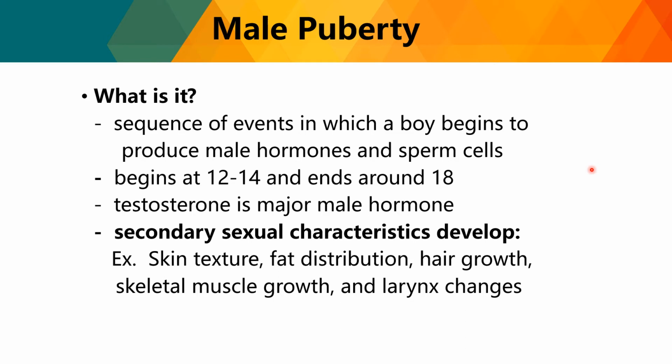It begins at 12 to 14 and ends around 18 years old. The testosterone is the major male hormone, and secondary characteristics that can be developed are skin texture, fat distribution, hair growth, skeletal muscle growth, and larynx changes.